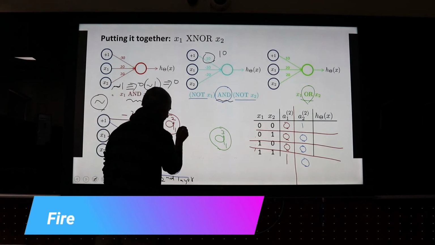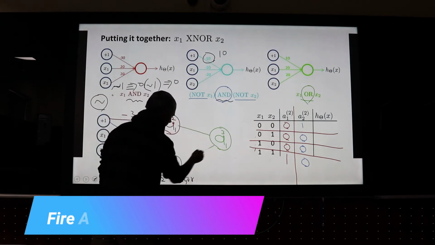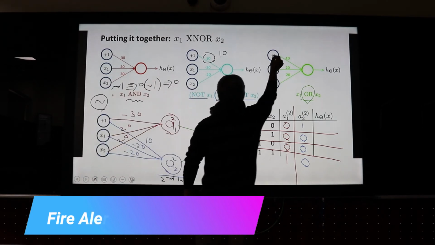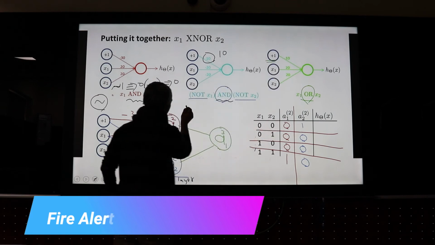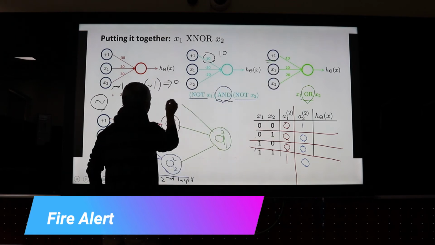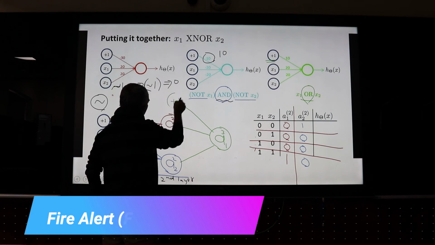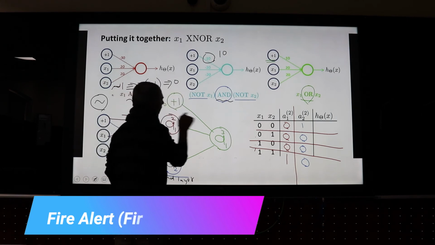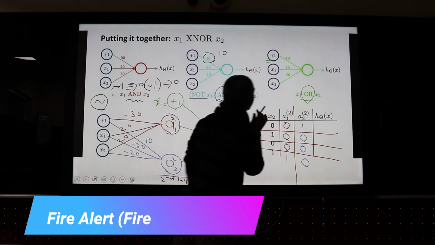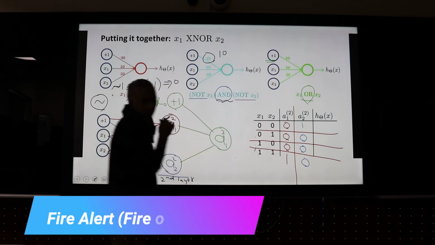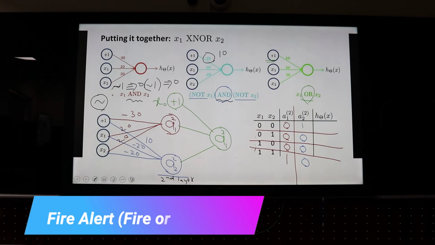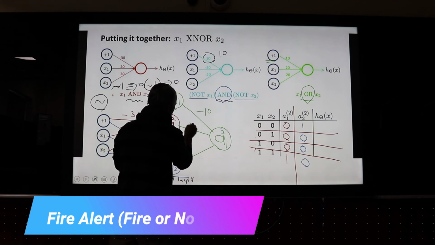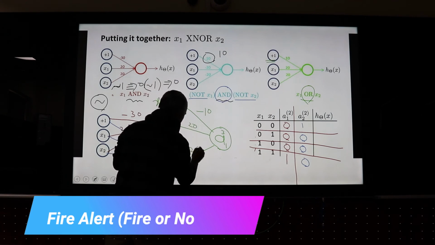So here, of course, this one is the bias, plus 1 is some kind of a bias value. And of course the weights given to these: in this case we are considering a negative weight here, a positive weight here, and again a positive weight here.